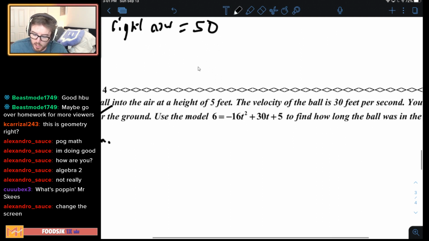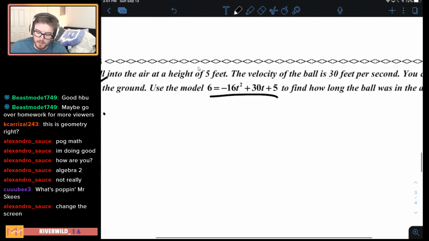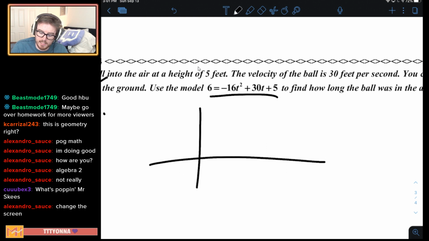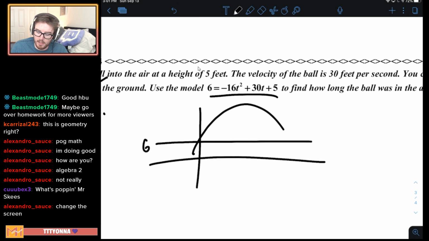So we want to solve this equation, okay? Because what this graph is representing is the fact that we're tossing the ball from midair, and the ball is going to be thrown from here and caught here. It's not touching the ground.